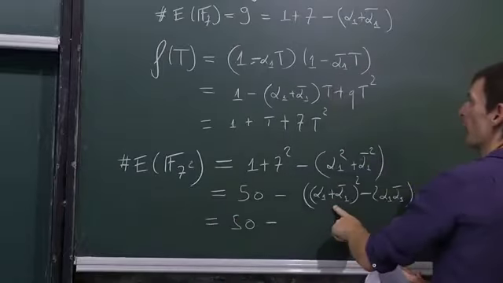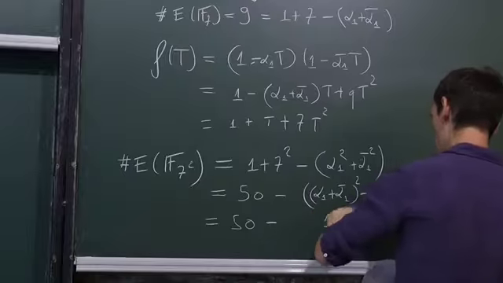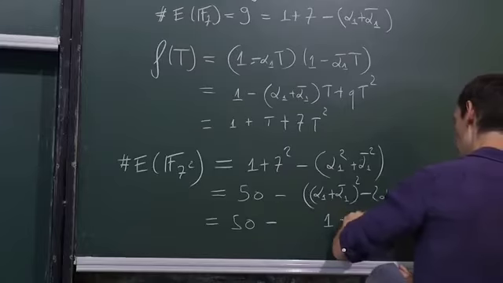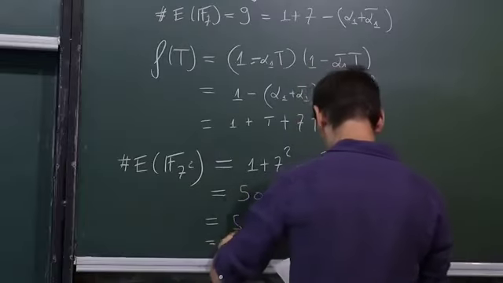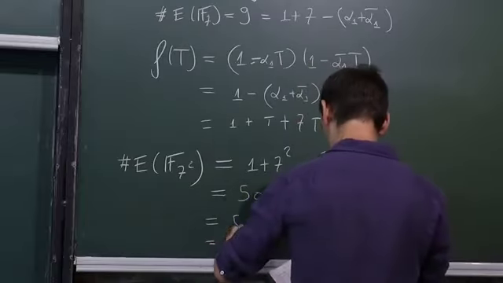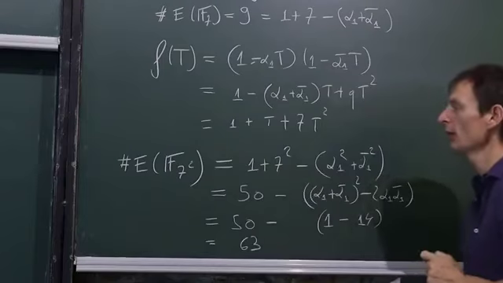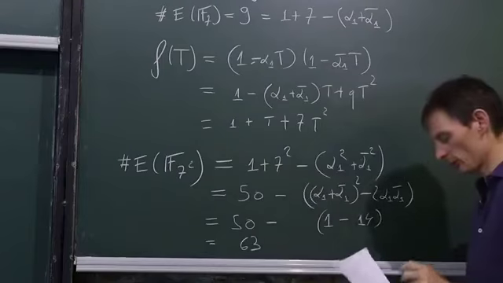So this was minus 1, so it's 1 minus 2 times 7, which is 14. So you get that the number of points is going to be 63. You see, very easy and much faster to compute this way.